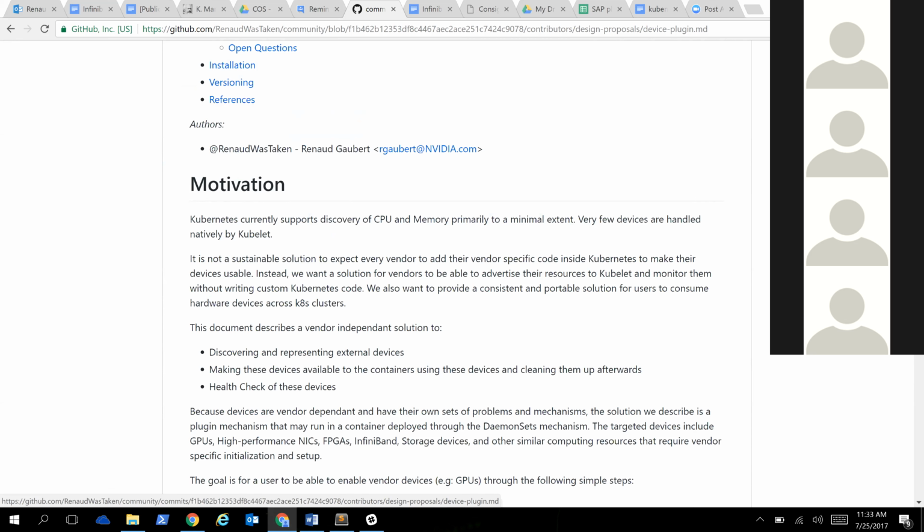This is what we're doing right now with our customers: before they launch long-running deep learning training jobs, we usually have a small testing period where we make sure the GPU is in a sane state.